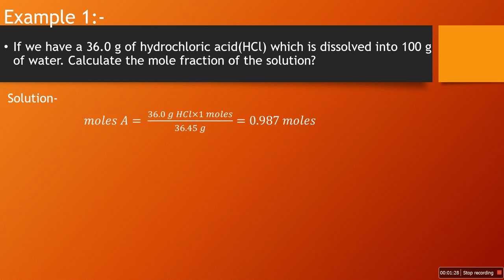So firstly we calculate the moles of A, which can be calculated by dividing the grams of hydrochloric acid by the molecular weight of HCl, which is 36.45, and moles of A comes out to be 0.987 moles. Similarly, we can calculate the moles of water by dividing the mass of the water by the molecular weight of the water, and the number of moles comes out to be 3.55 moles.